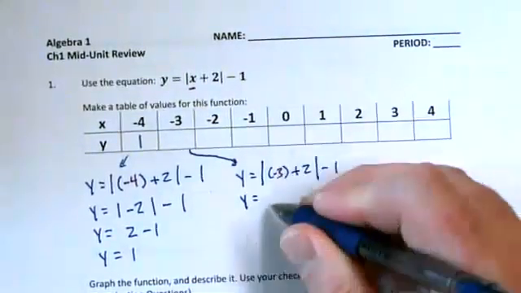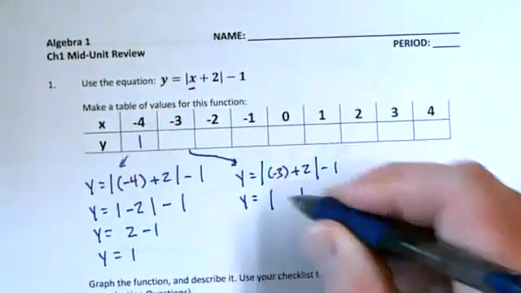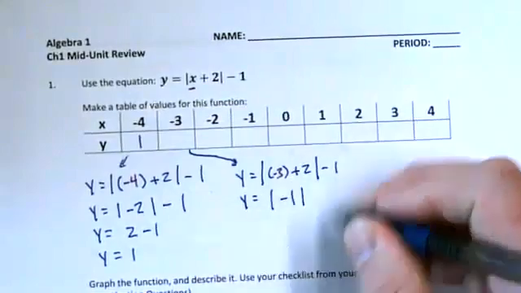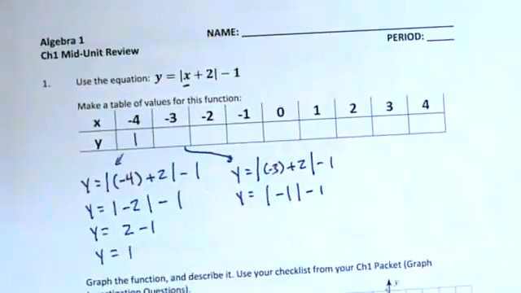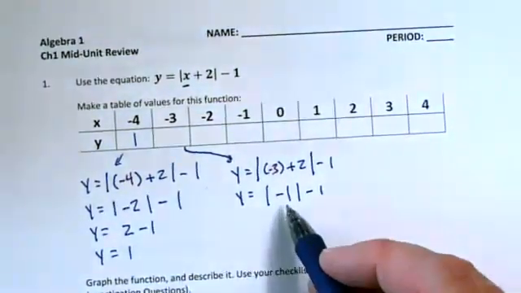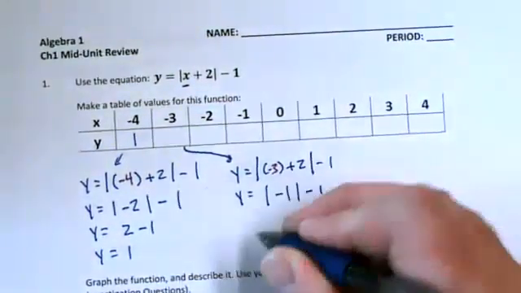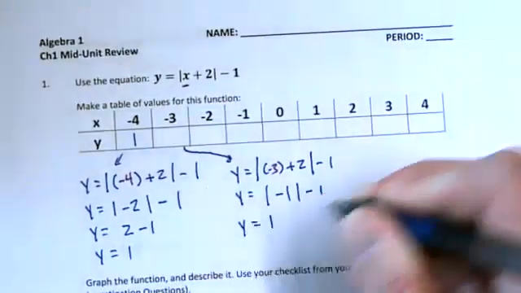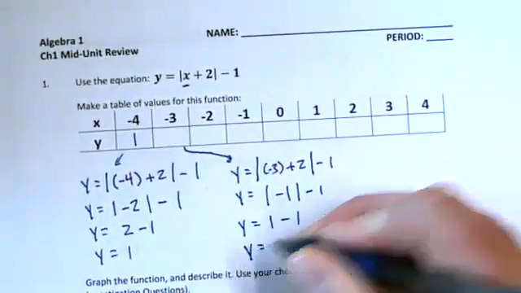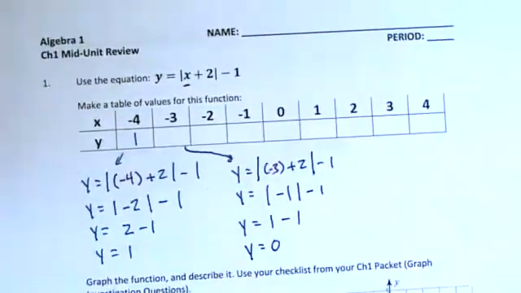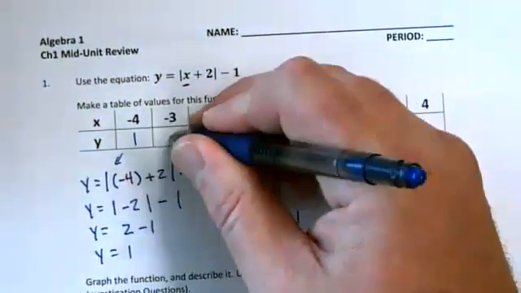Inside of the absolute value first, -3 plus 2 is -1. And I'm just bringing down my -1 on the outside. Now that we have a single number inside the absolute value, we'll go ahead and evaluate. The absolute value of -1 is 1. 1 minus 1 is 0. So we've got a 0 here.